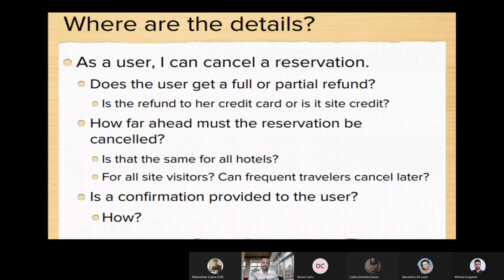Is a confirmation provided to the user? Okay, or it's just cancel, or if the confirmation is going to be provided, how? Whether you are going to show it directly on the screen, or send SMS or email, what can be those modes. So got it? You will have stories, and then the detailing, a deep dive into the things, is going to happen.